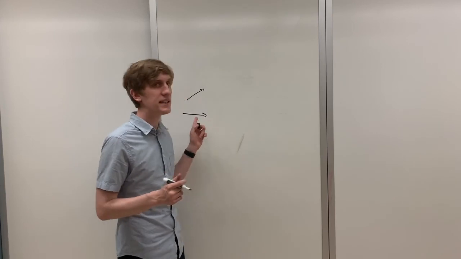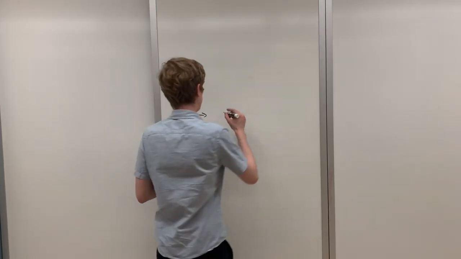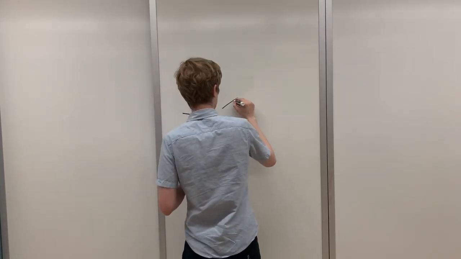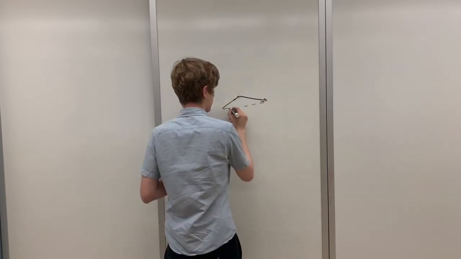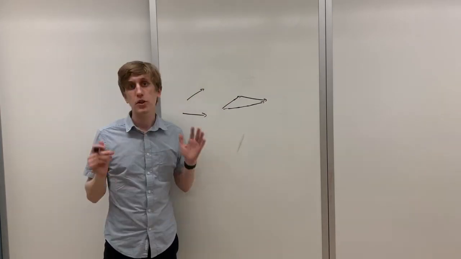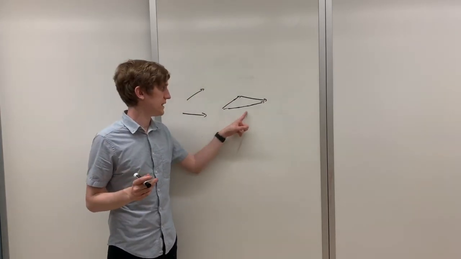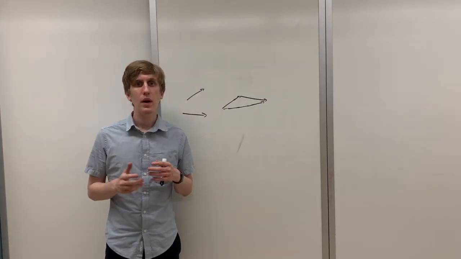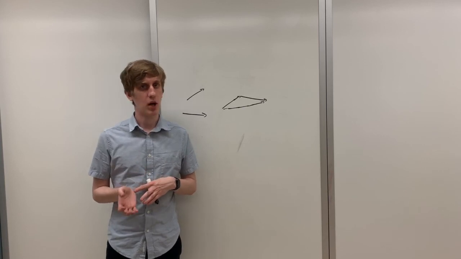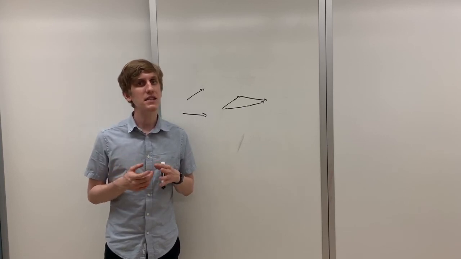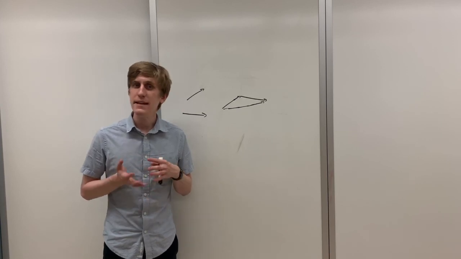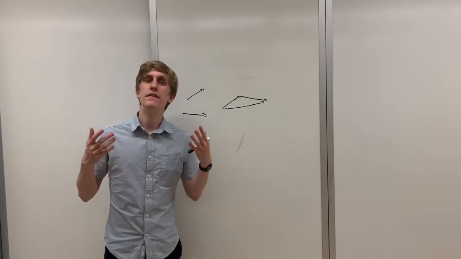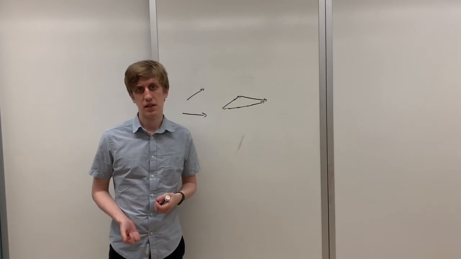We just add these up tip to tail. The total momentum of the system is this long arrow. One of the key things to remember with momentum conservation is that momentum is conserved generally for the system as a whole. It may not be conserved for the individual pieces of the system.